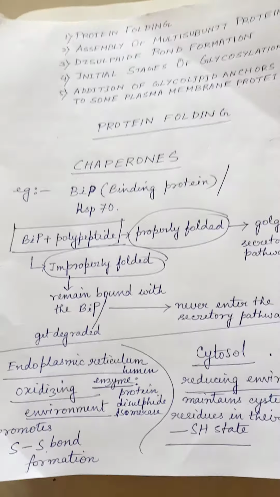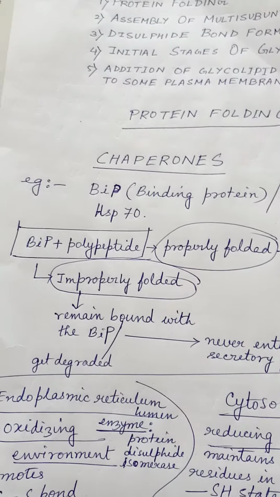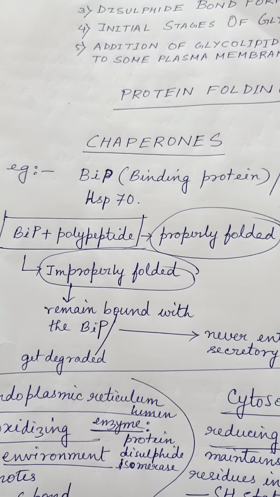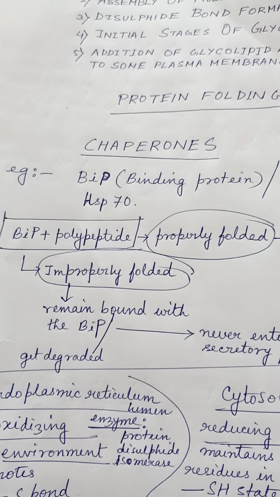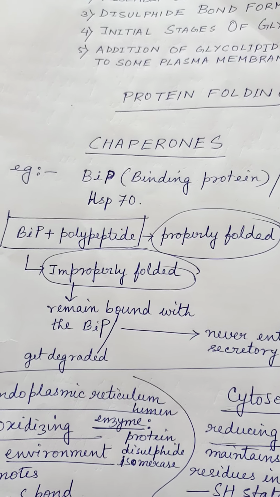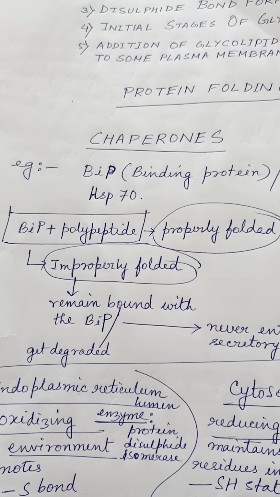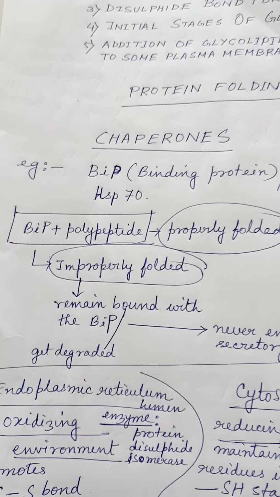Here we come across the BIP, which is nothing but the HSP70. What is HSP? HSP stands for heat shock protein, or what we have already mentioned as the chaperones.